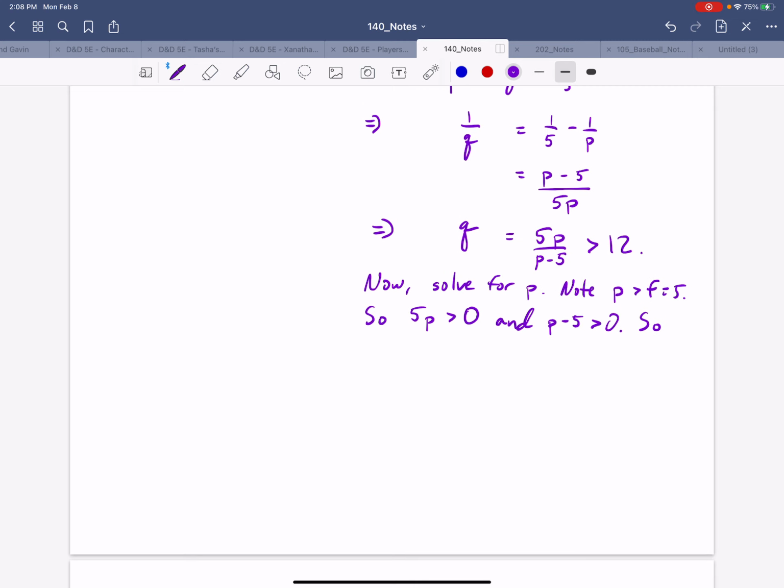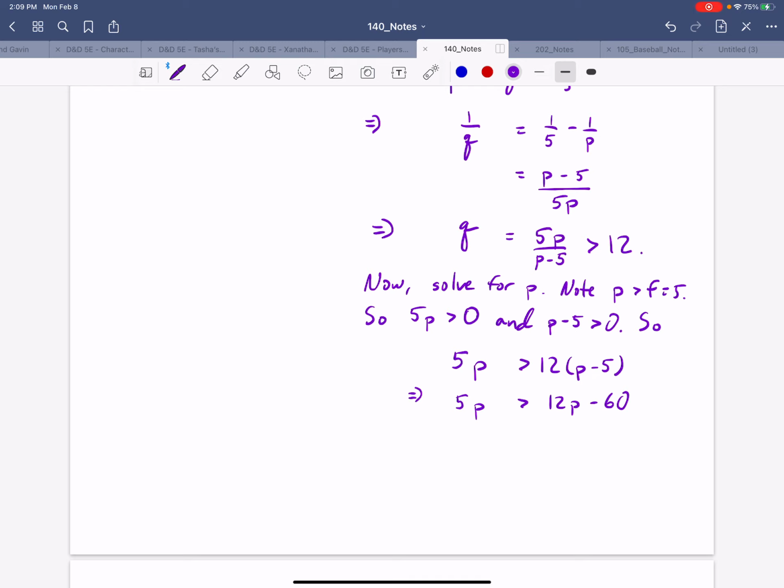So now we can just do a bit of arithmetic here, and we should be good. I'm going to multiply both sides by P minus 5. I'm going to get 5P is greater than 12 times the quantity P minus 5. And that implies that 5P is greater than 12P minus 60.